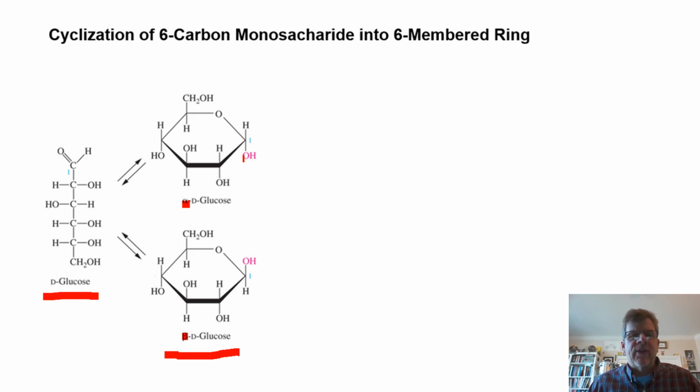The alpha anomer has hydroxyl disposed down, beta anomer hydroxyl disposed upwards. Now, importantly, we've got some names here, so we're going to start to get familiar with some names of monosaccharides. This is the structure we see here, various forms of glucose. Glucose is the major energy source in animal systems.